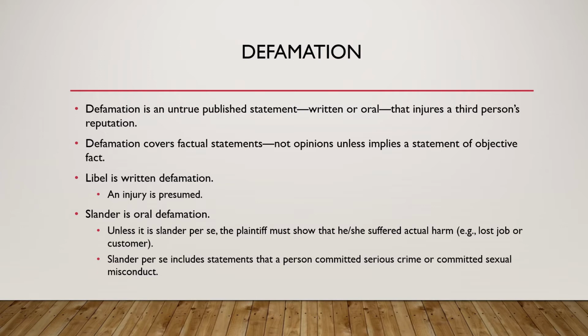With written defamation, libel, the injury is presumed. You don't have to show that, hey, I was injured by what the paper wrote that was untrue about me. Rather, your injury is presumed, and you just have to prove that the statement published was untrue.